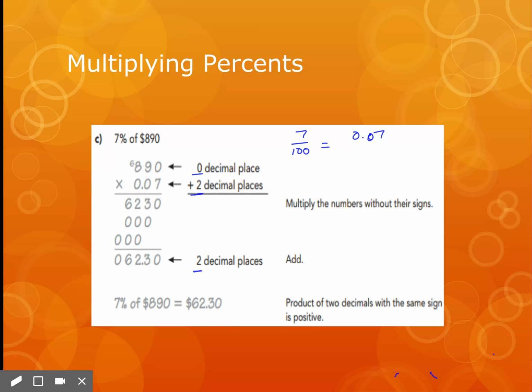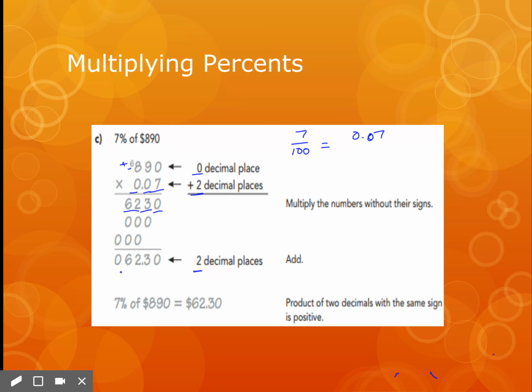So now all we had to do was multiply 7 times 890. 7 times 0 is, of course, 0. 7 times 9 is 63. So we wrote our 3, carried the 6. 7 times 8 is 56, plus that 6 is 62. So again, they multiplied these zeros. That's completely unnecessary because you know 0 times anything is, of course, 0.